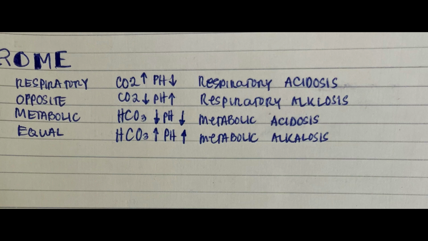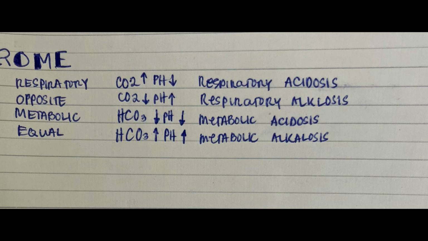Now we have a technique that we call ROME, R-O-M-E, like the country. It stands for respiratory, opposite, metabolic, equal. So if it's respiratory, for example, if the carbon dioxide and the pH level have opposite values, in that example we have an increase in CO2 and decrease in pH.